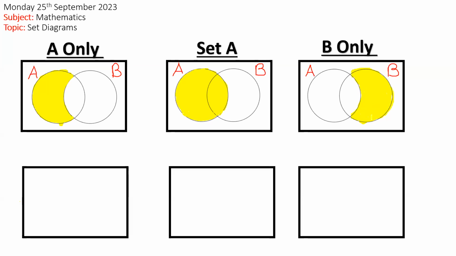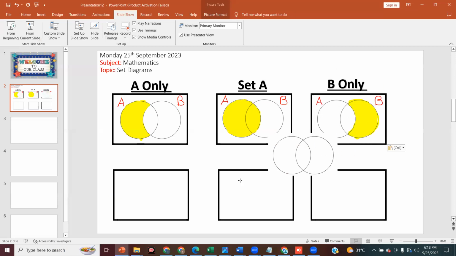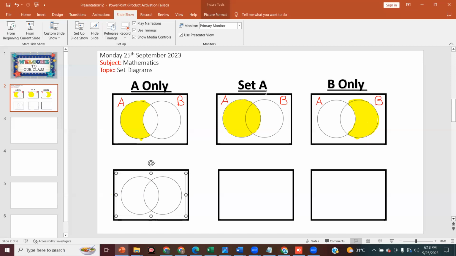All right, are we clear on that? Any questions for me? You have to speak to me now, because I don't know if you know it unless you speak to me. Are there any questions? Yes or no? No, sir. All right. Now, what if I want set B?